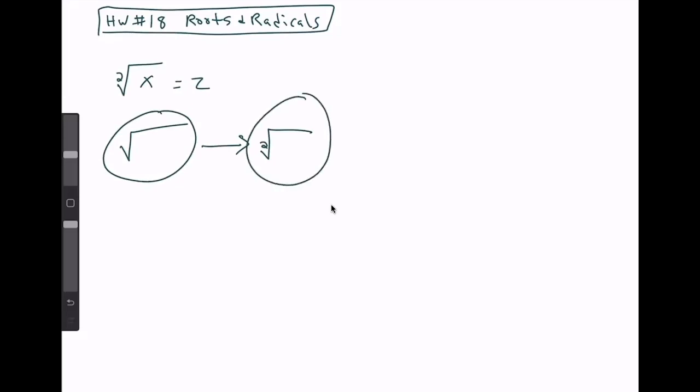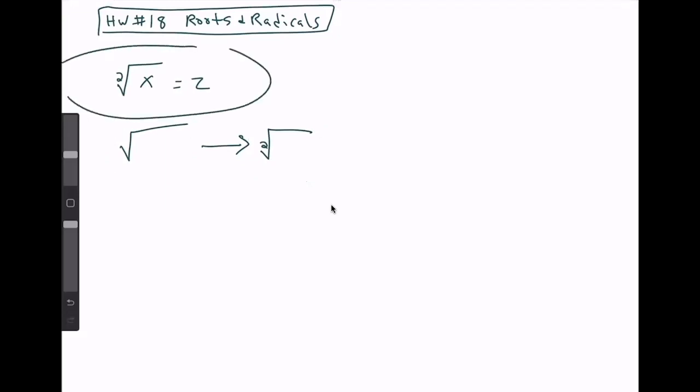All right. So going back to our original up here, there are different parts of this root. We're looking at not only that 2, not only that symbol, not only that X, not only the equal sign and the Z, we're looking at all of it.